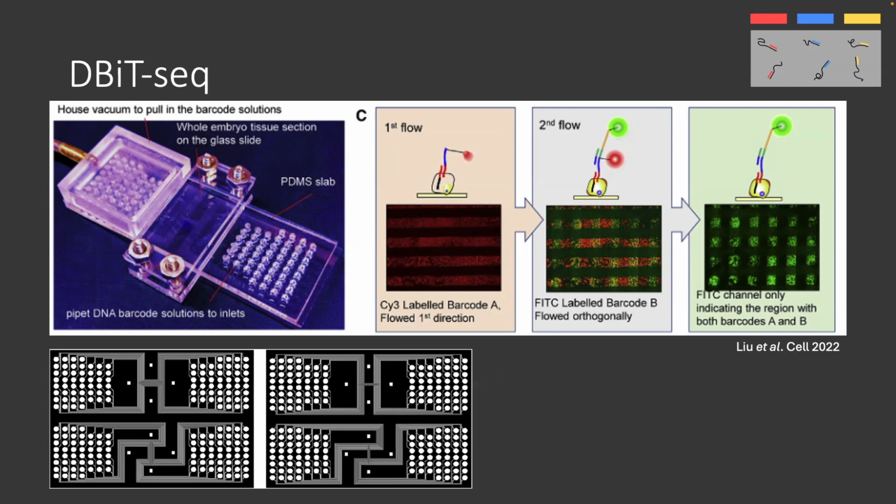It's important to note here that the tissue in between the channels where it's black, they are lost, they're not used. So you are only looking at these square tiles. The resolution is somewhere between 10 and 100 micron, depending on the channel width.